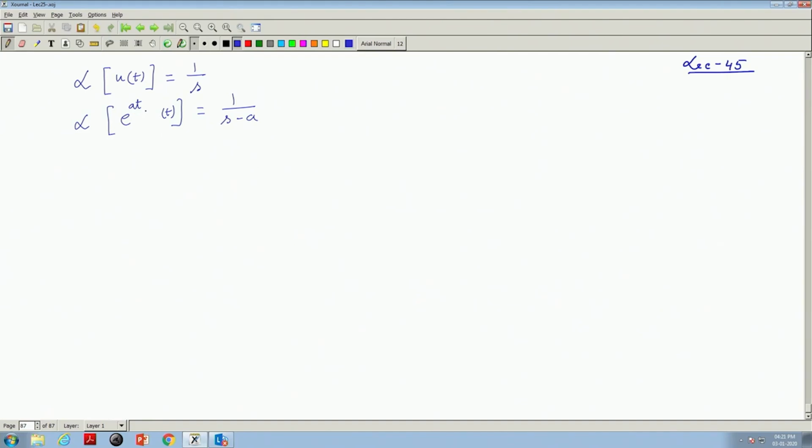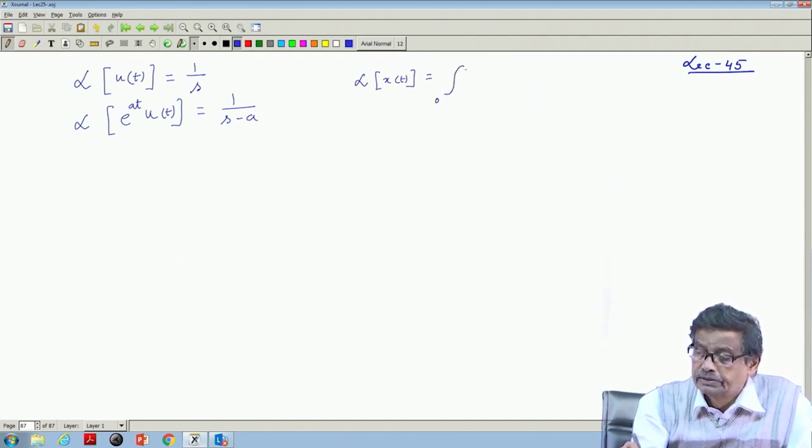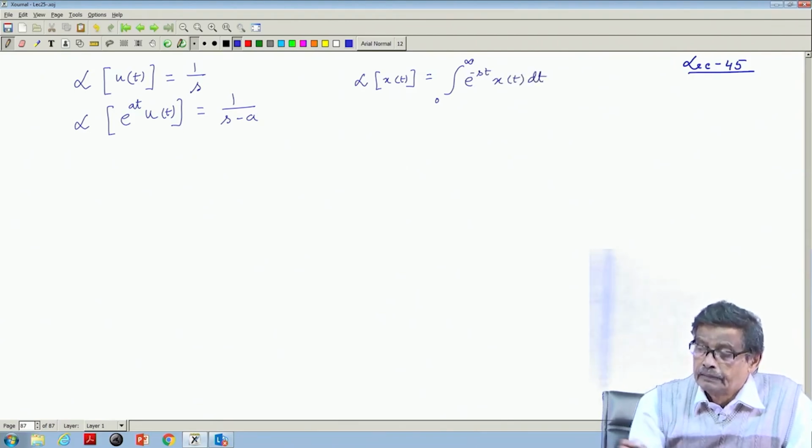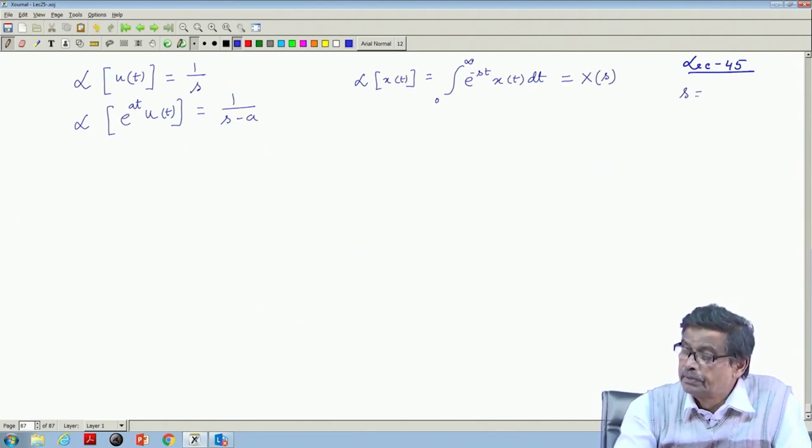So, we are discussing the unilateral Laplace transform, that is, from 0 to infinity we integrate the function. The basic definition of the Laplace transform of x(t), as we have seen, is the integral from 0 to infinity of e to the power minus s t into x(t) dt, and it will be a function of s, where s is a complex number sigma plus j omega.